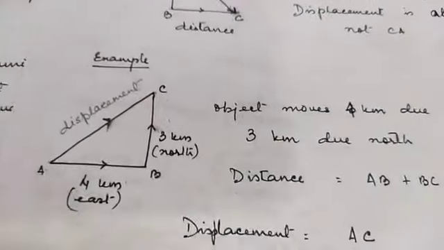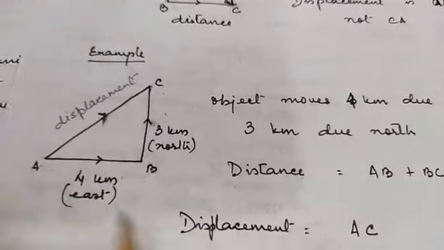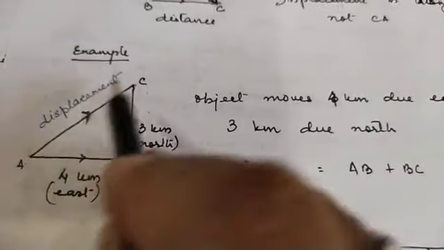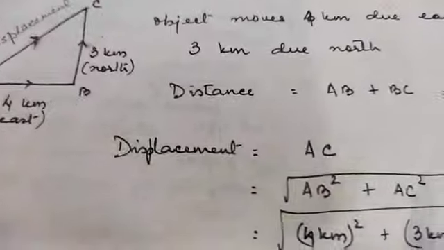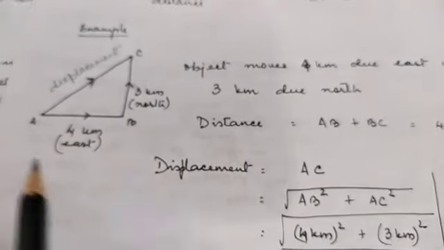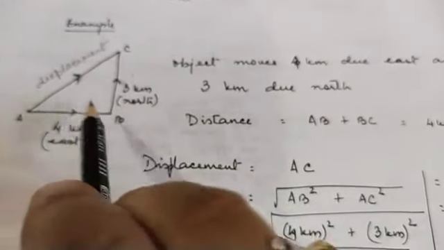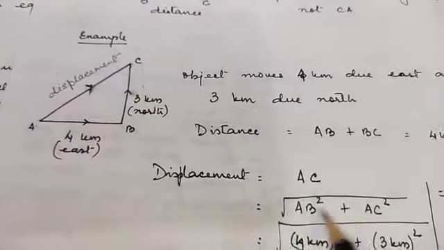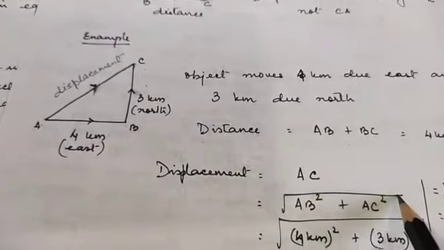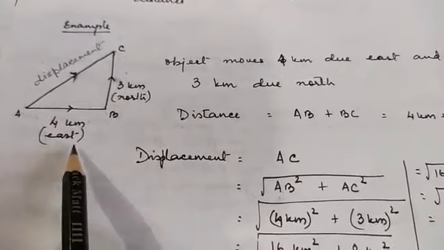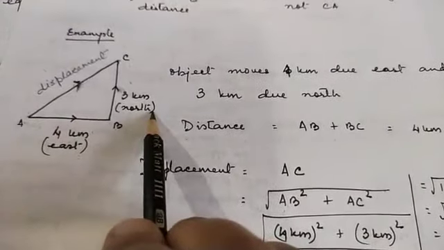Now how to calculate this displacement? Displacement is along AC. So this is equal to the square root of AB square plus BC square. AB is how much? 4 km, and this is 3 km.